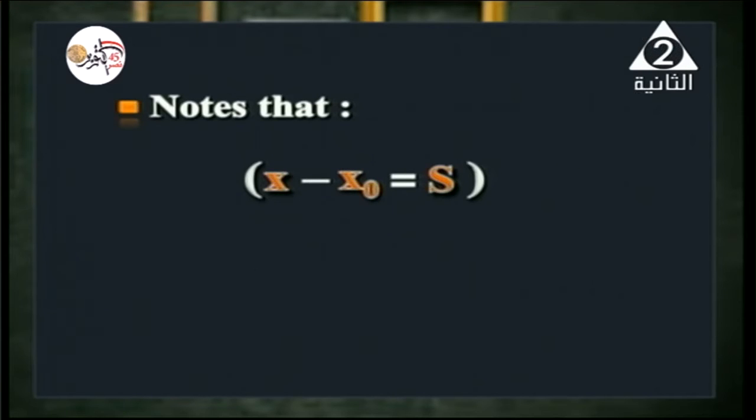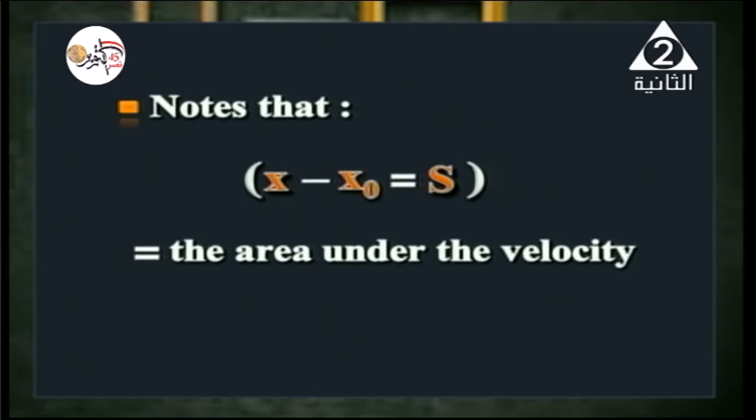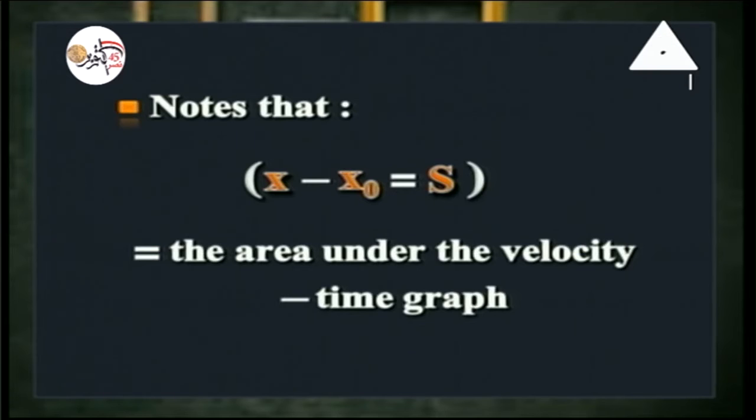If we have two position vectors, x minus x naught is s, or displacement, and it equals the area under the velocity time graph. When we have a velocity time graph, the area under the velocity time graph equals the displacement x minus x naught, or displacement s.